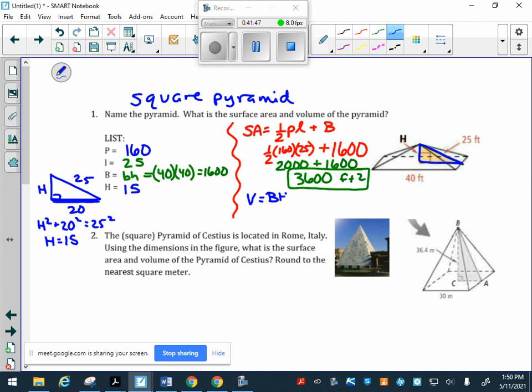Volume is BH over 3. Anything that comes to a point, you gotta remember to divide by 3. So area of the base is 1600.